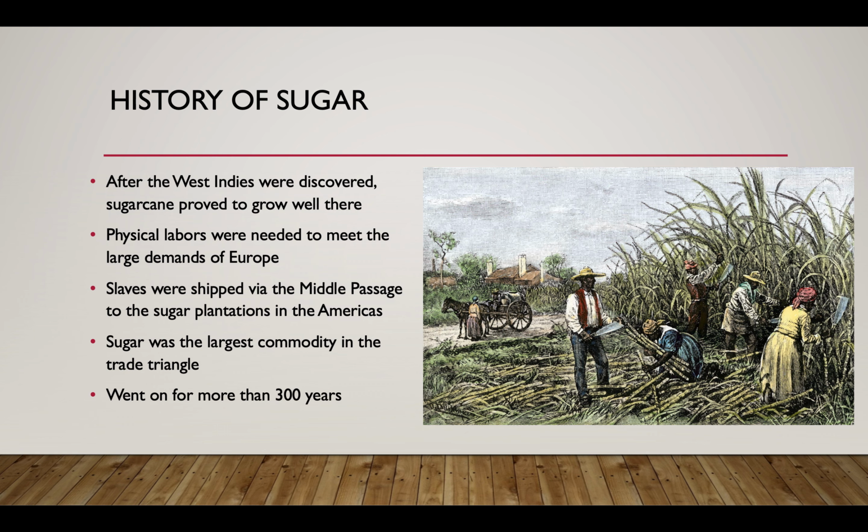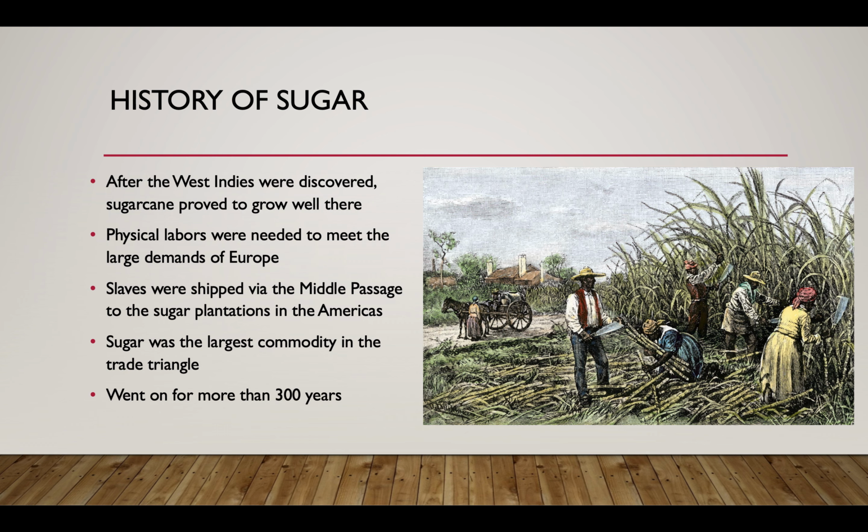And because Europeans loved sugar so much, the colonists wanted to grow a lot of sugar so they could sell it back to Europe. They realized they didn't have enough physical labor. So that's when the slave trade really started to get going. So slaves were shipped from Africa via the Middle Passage to the sugar plantations in America.